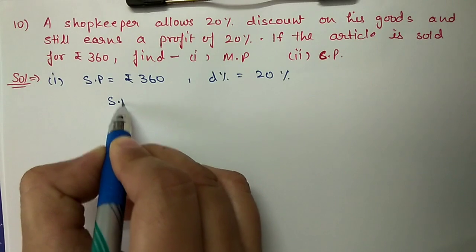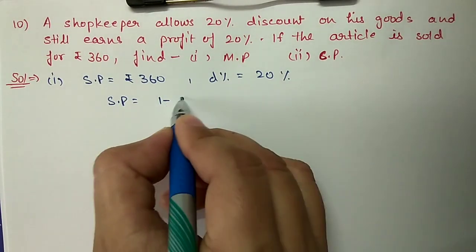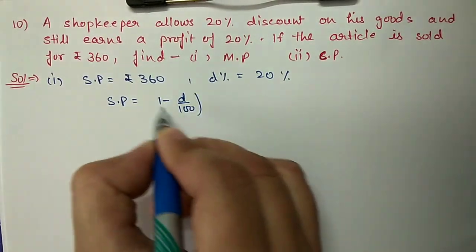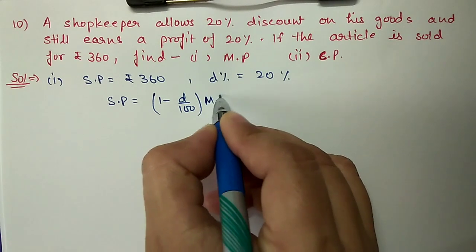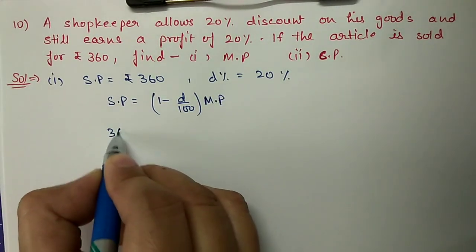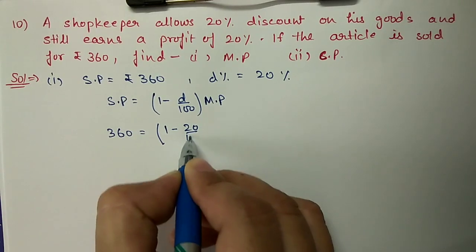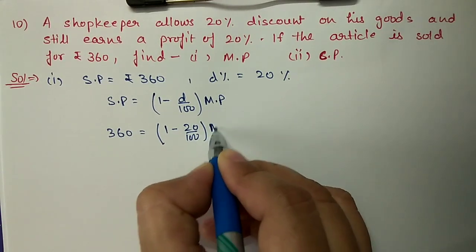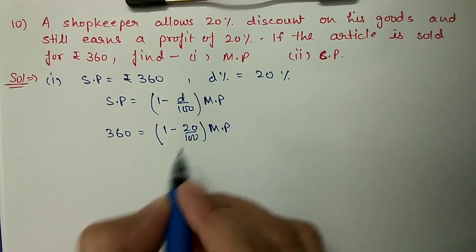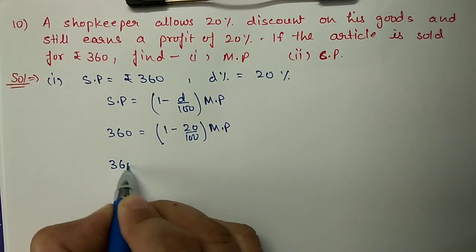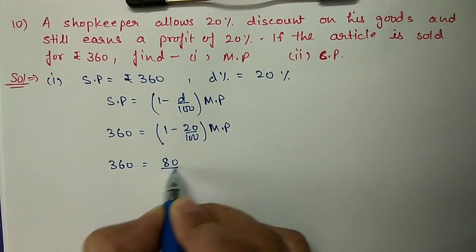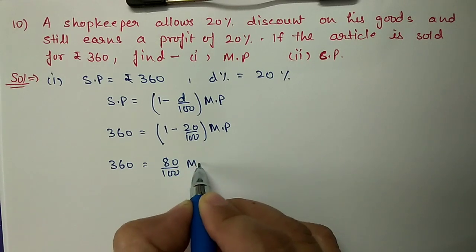We have the formula, selling price is equal to 1 minus D by 100 into mark price. Selling price is given 360 rupees equal to 1 minus 20 by 100 into mark price. Simplify this bracket, we will get 80 by 100 into mark price.